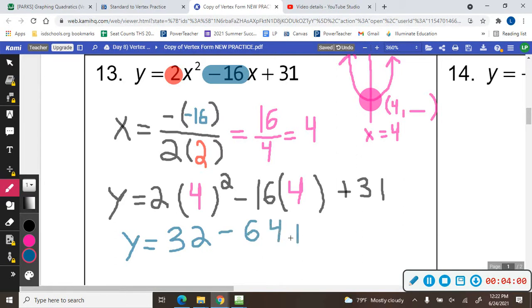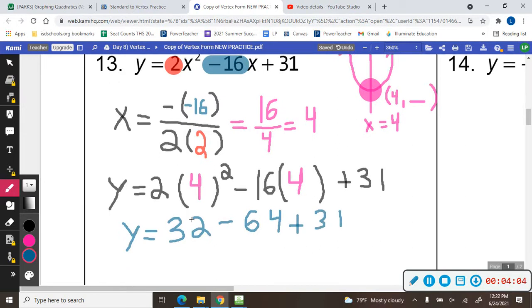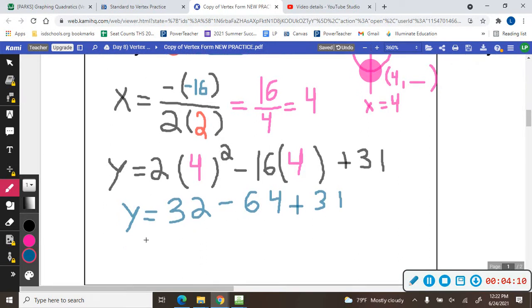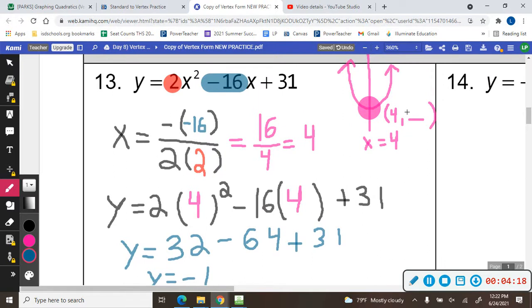And then plus 31. Now, if I take 32 plus 31, I get 63. 63 minus 64, that's negative 1. So I just found the y value of the vertex is at 4, negative 1. So that's the vertex.